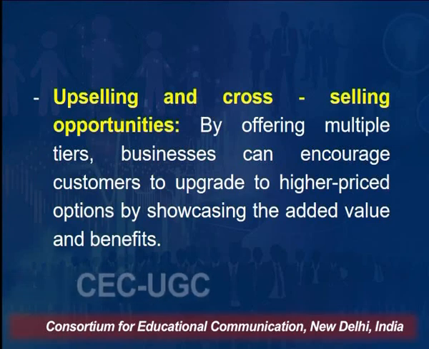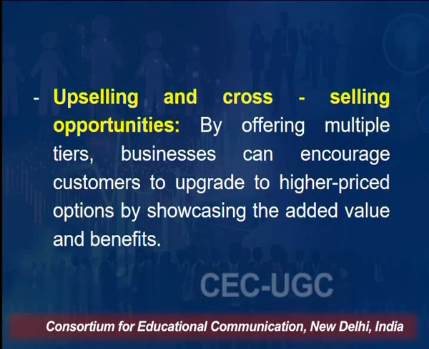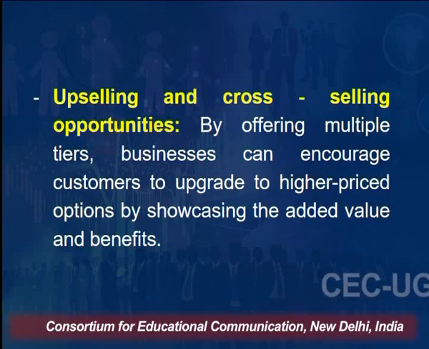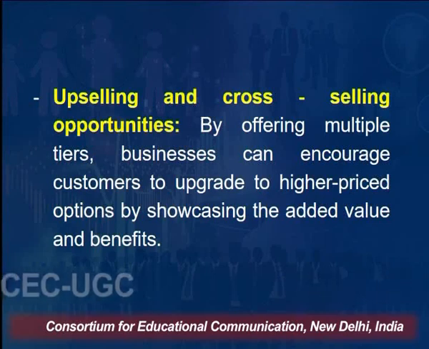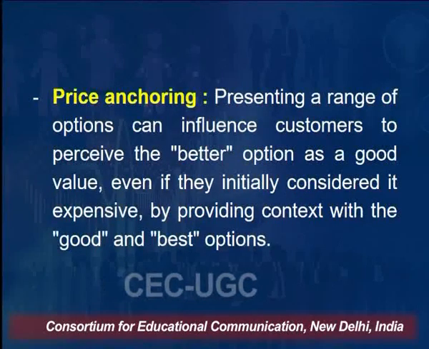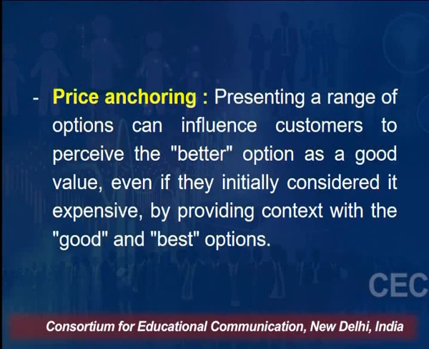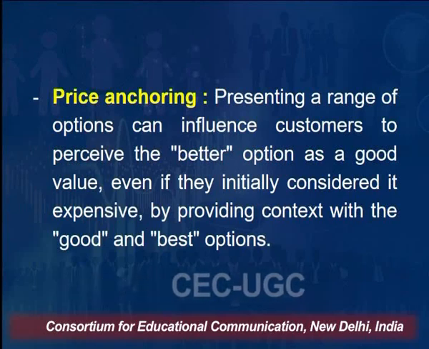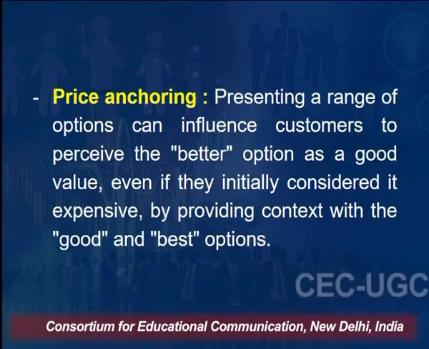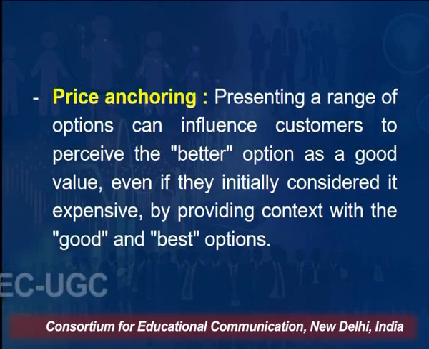By offering multiple tiers, businesses can encourage customers to upgrade to higher priced options by showcasing the added value and benefits. Then there is price anchoring. Presenting a range of options can influence customers to perceive a better option as good value, even if they initially considered it expensive, by providing context with the good and the best options.